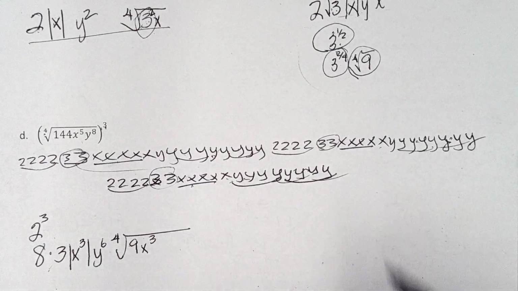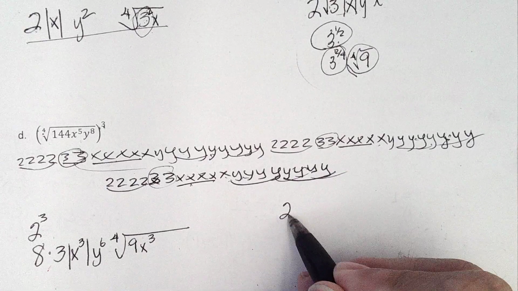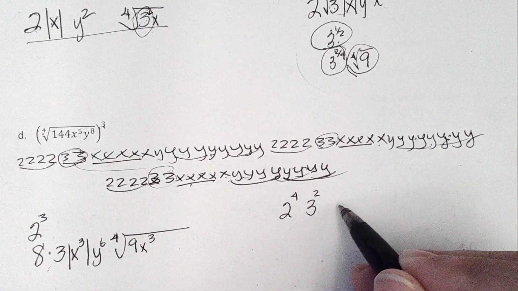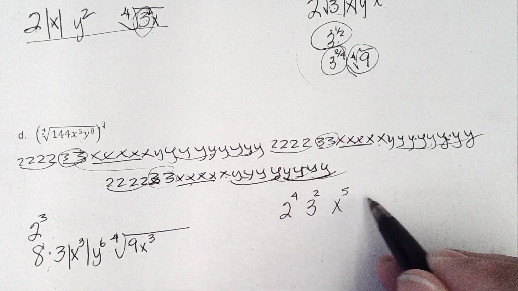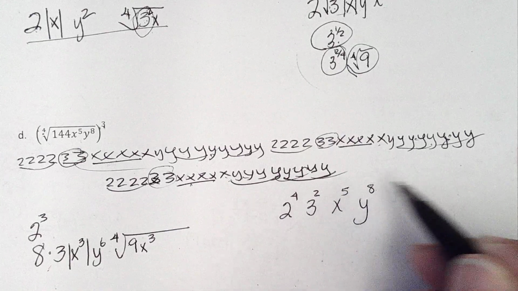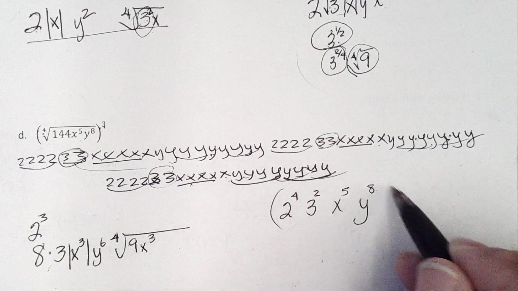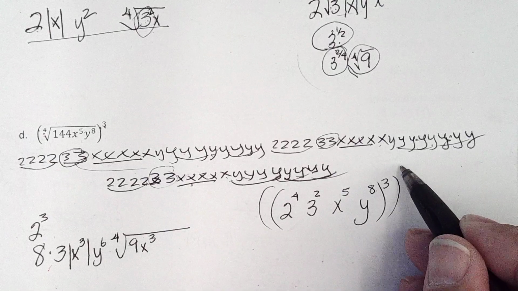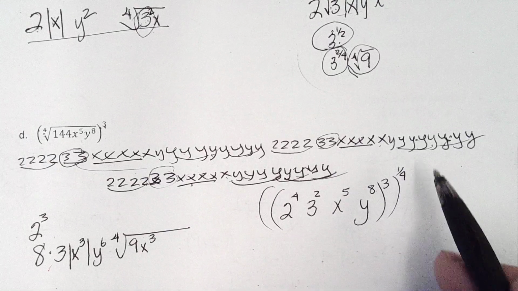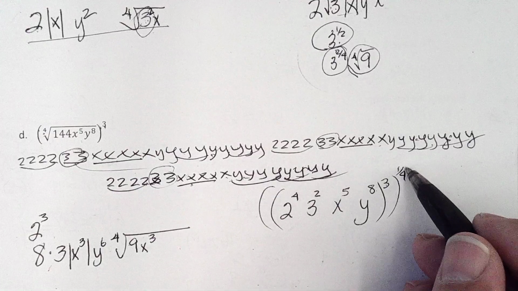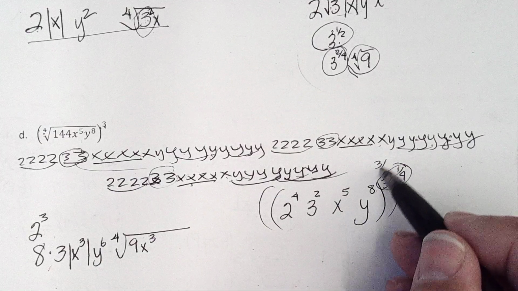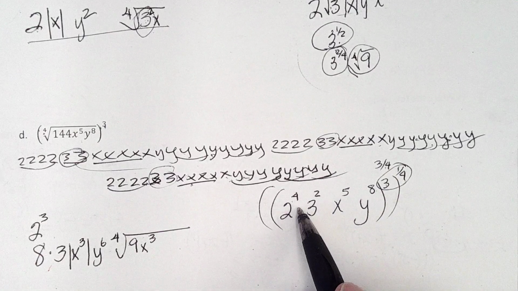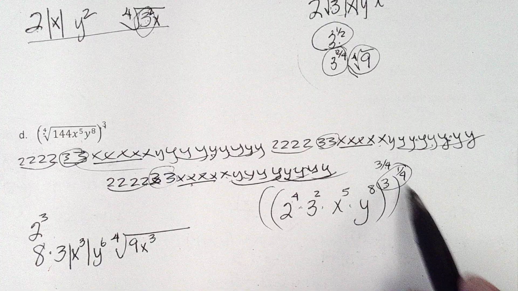Now this one would have been easier to do in powers. 2 to the 4th, 3 squared, x to the 5, y to the 8th, to the 3, to the 1/4. Well, 3 times 1/4 is 3/4, so I've got to take 3/4 times each of these, and these are all multiplied, so I can distribute the power.